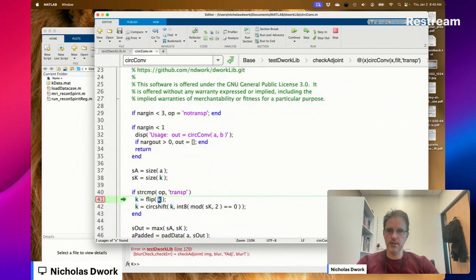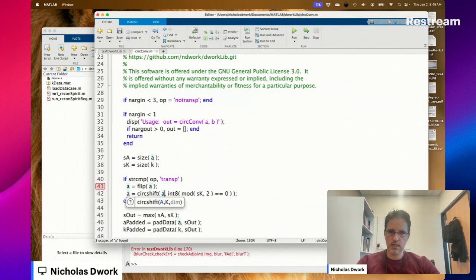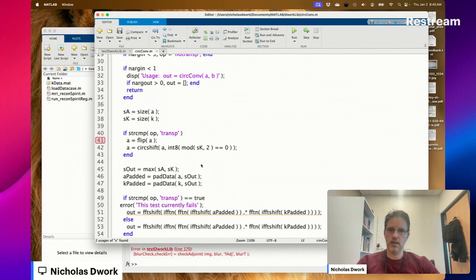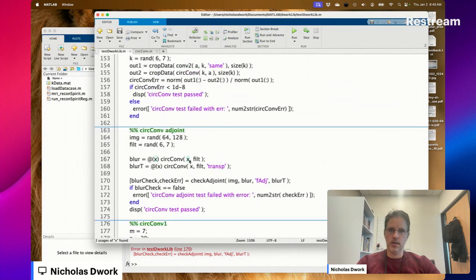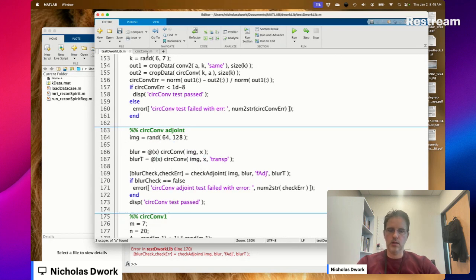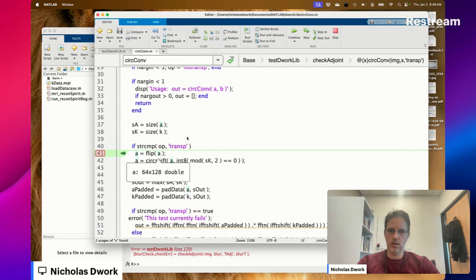Here's the issue. Here's at least an issue. This should be A, shouldn't it? (64 by 128).